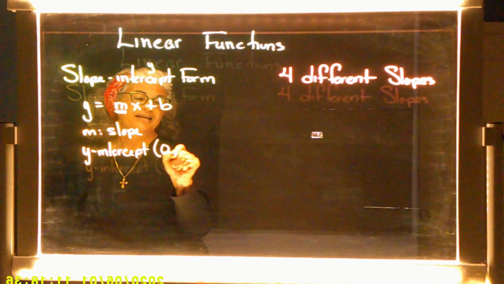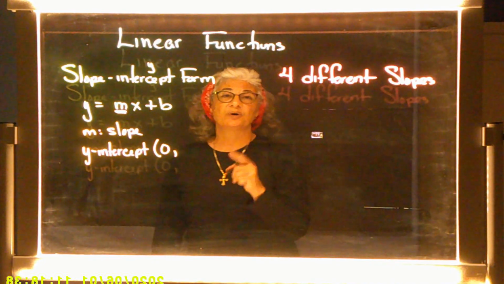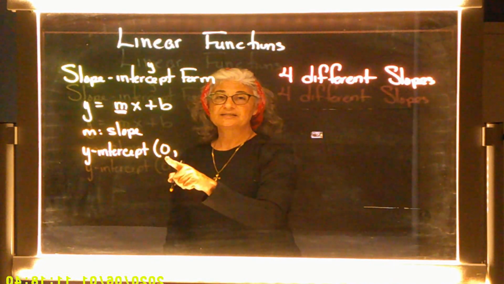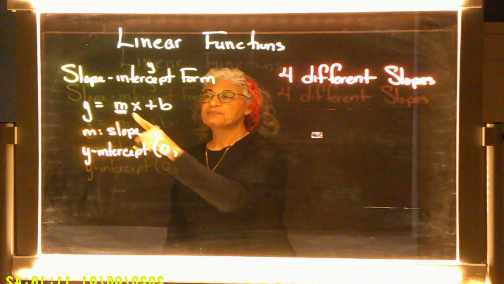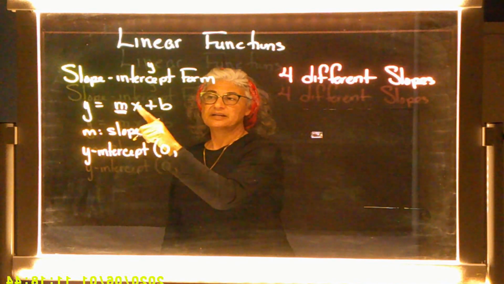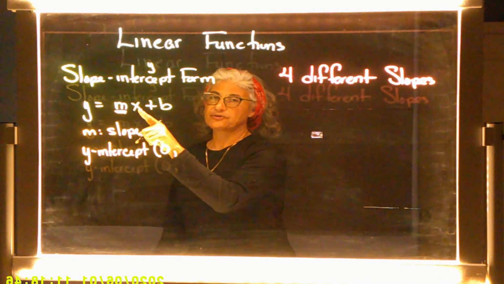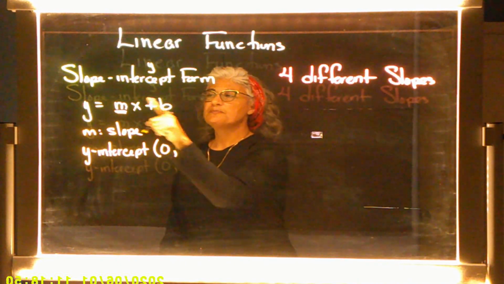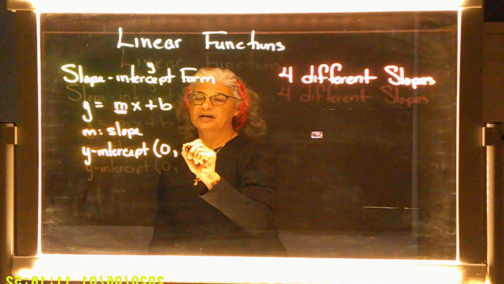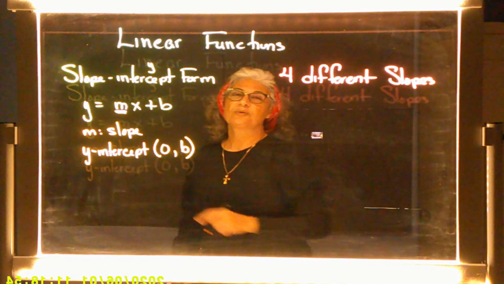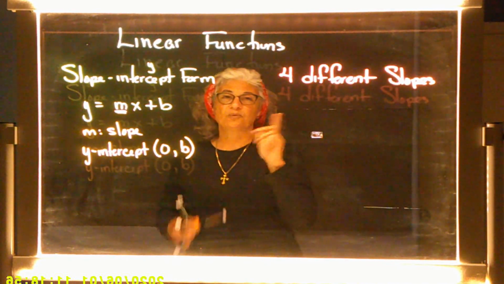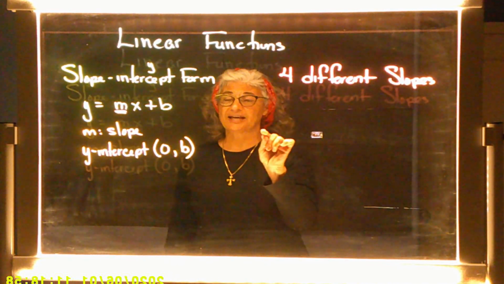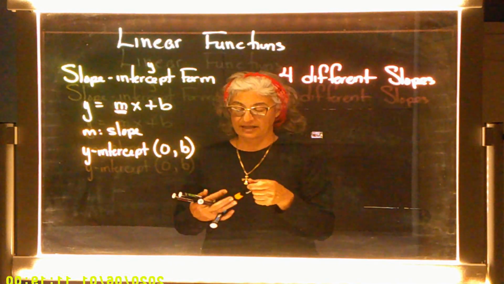You always let x equal 0 when you find the y-intercept. And when x is 0, think about it. M times 0 is 0. 0 plus b is b. That means b would actually be equal to y. That's why the b is always the y-intercept as long as the y is by itself.